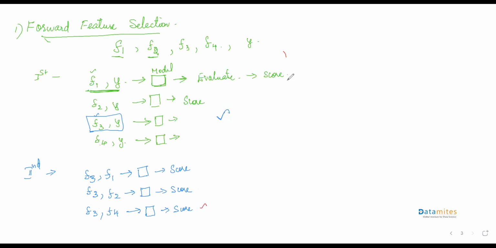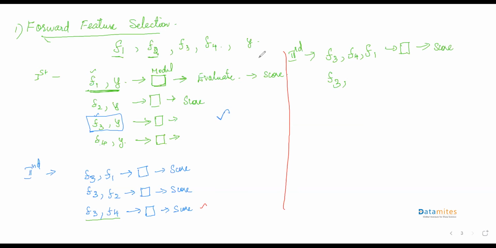Then in the third iteration, these two features are selected, and along with these features, it is going to again check with other features. So here it will take F1, train the model and check the score.